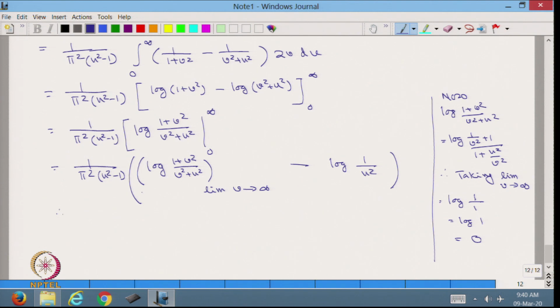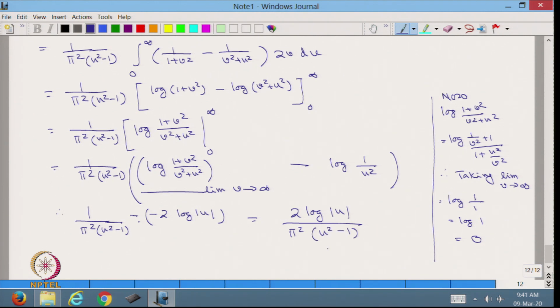Therefore, this term goes to 0 and we get 1 upon pi square into u square minus 1 into minus 2 log of mod of u with a minus sign, which is equal to 2 log mod of u upon pi square into u square minus 1, when minus infinity is less than u less than infinity.